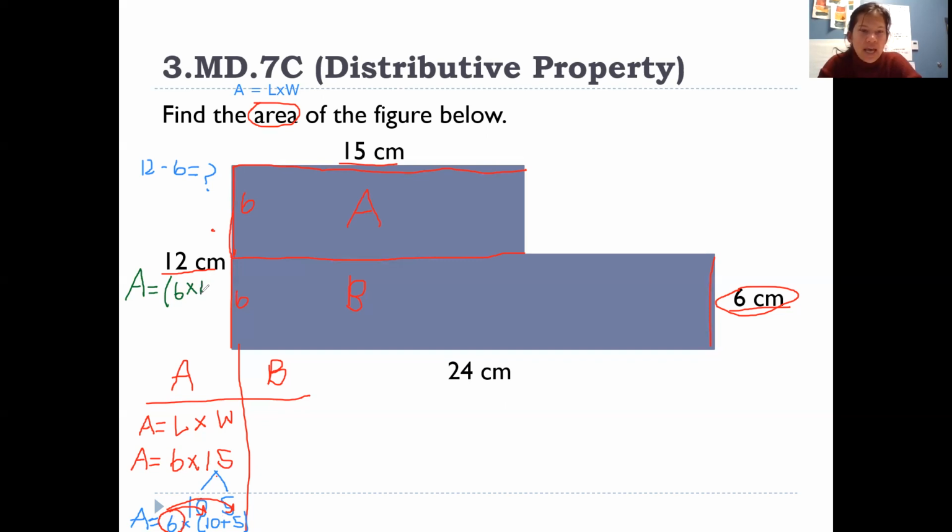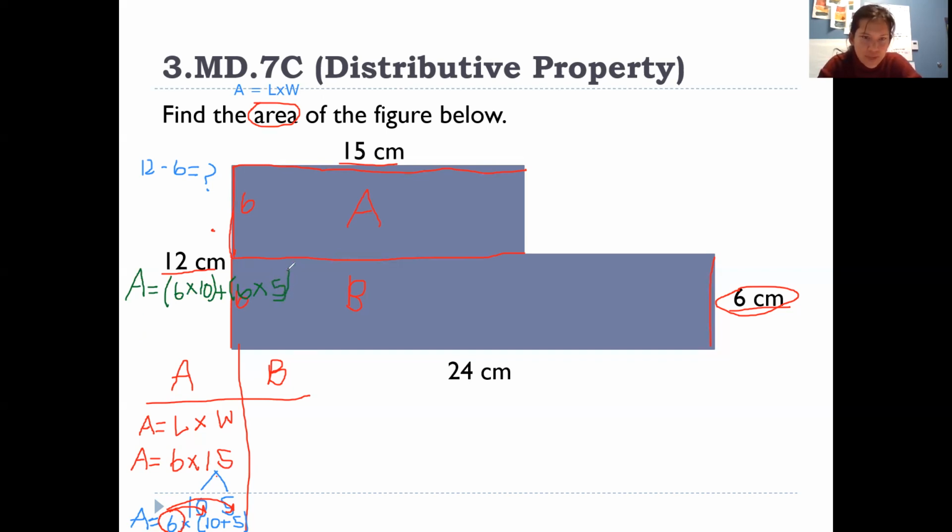So 6 times 10 plus another set of parentheses. Oh yeah, I haven't typed in a computer in a while. Plus 6 times, what's that other addend? That other addend is 5.